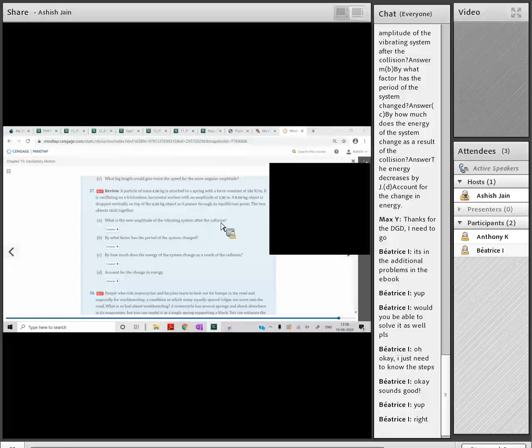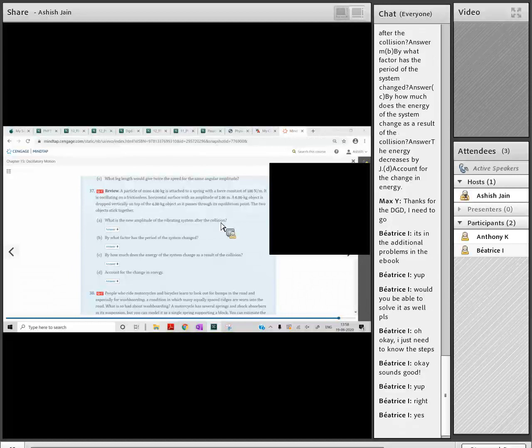So as it sticks together, that means the collision that happens is inelastic. I'm just finding this from what is given in the question, right? And you have to find now the new amplitude of the vibrating system, right?